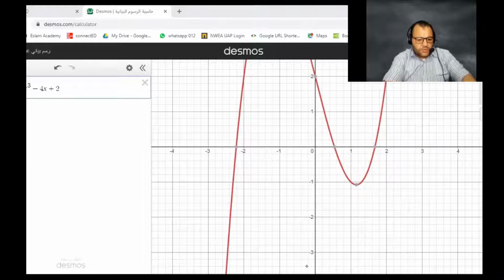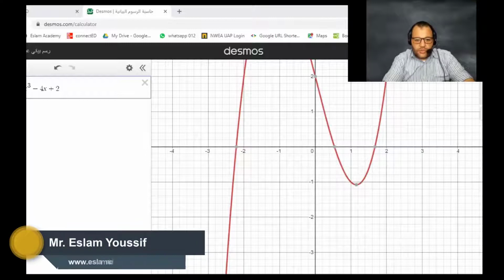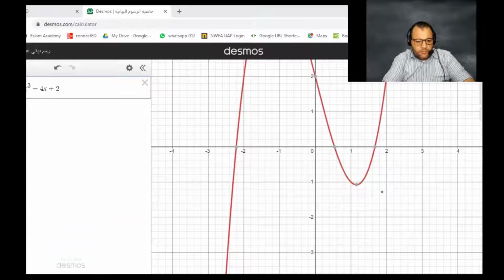We didn't get this one from the graph. Let me check this one. Maybe we calculated something wrong. Again, we can use the calculator.